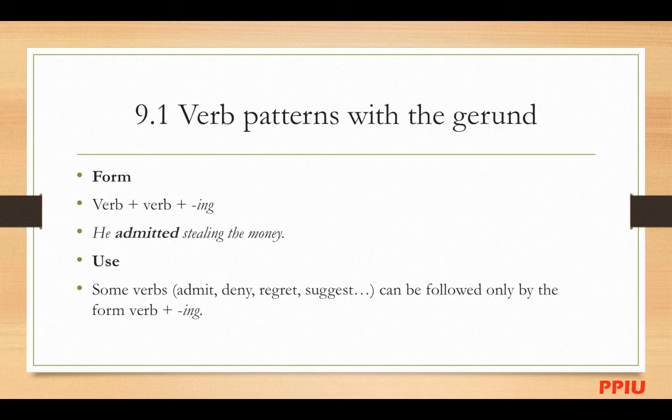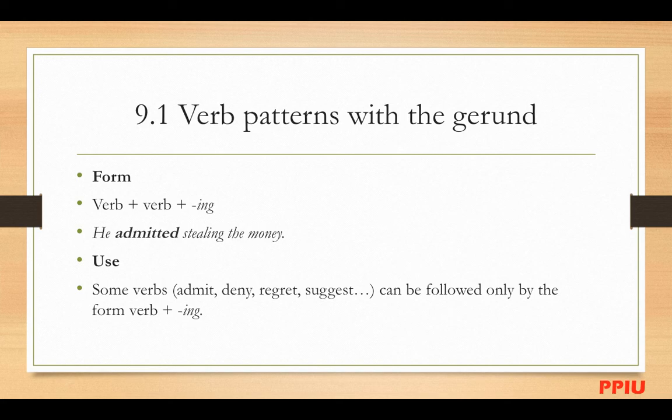So in this lesson, you are going to learn a lot of different forms of verb patterns. And the first form of verb pattern is the verb pattern with gerund. So we are going to talk more about gerund first. You can see the form by yourself: verb plus verb ing.